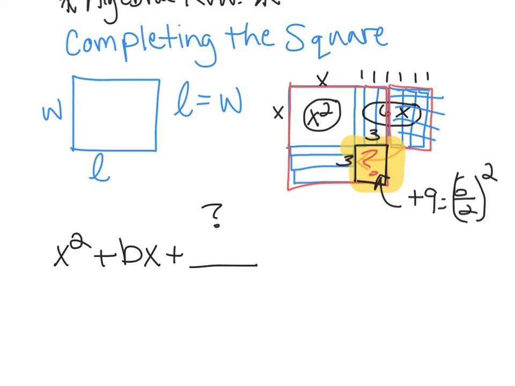Well, we used the example of 6, but if we made this into, back here, our example was just a b to begin with, plus some sort of bx, okay? So we've got our x squared tile here, plus an unknown number of tiles going this direction. Let's call it b times x.